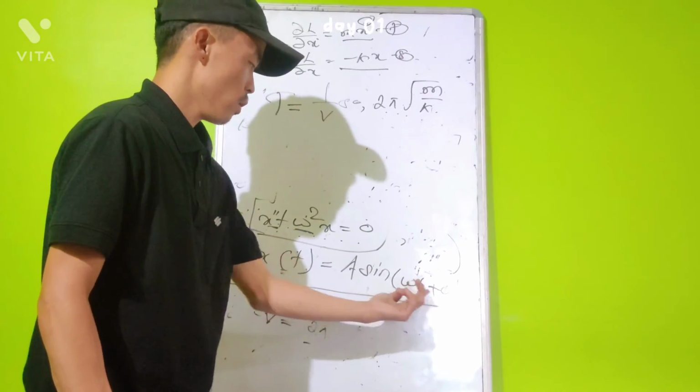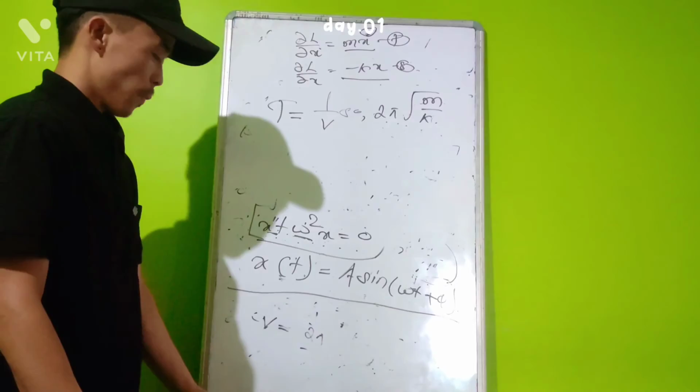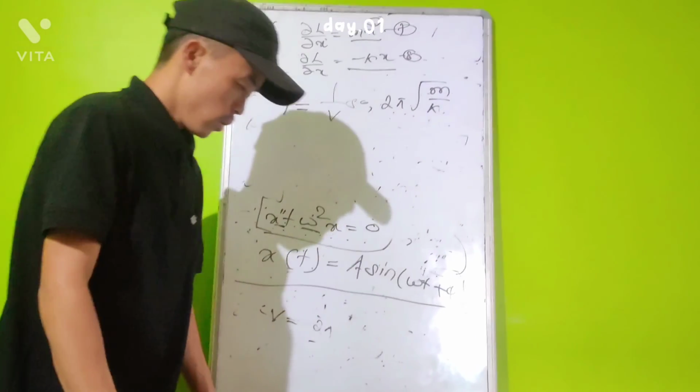So A, ω and φ are the values that will vary.